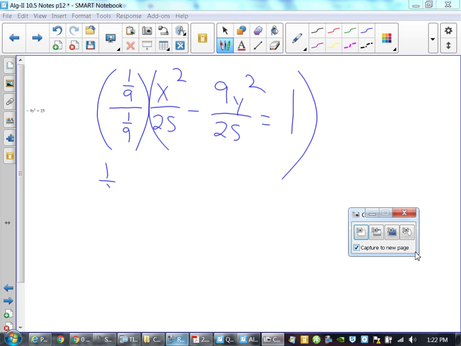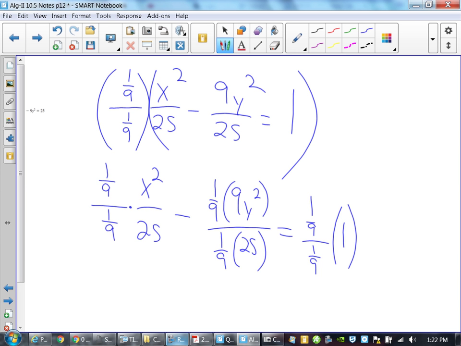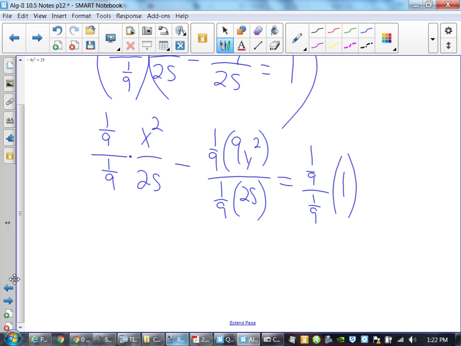You're going to get 1/9 over 1/9 times x squared over 25 minus 1/9 times 9y squared over 1/9 times 25 is 1/9 over 1/9 times 1. What I have now is 3 separate monomials.